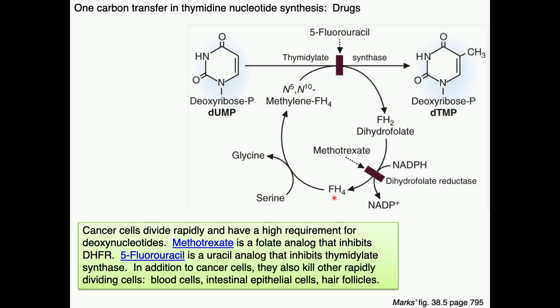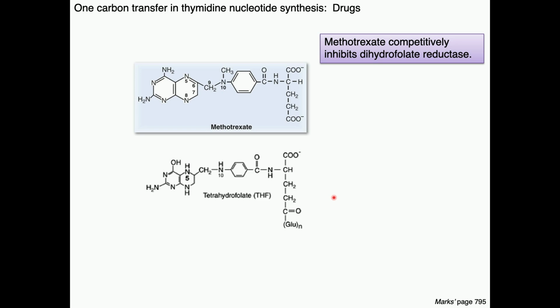Also, inflammation requires cell division as well. You've got to have lymphocytes and so on proliferating. So these drugs, or methotrexate at least, have a role in inflammatory diseases like arthritis.